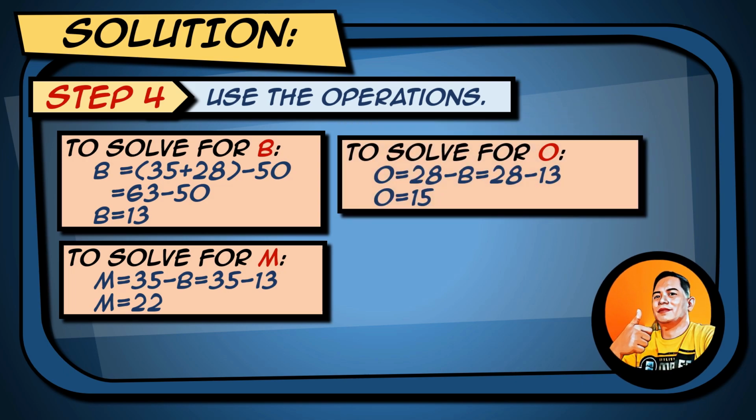And to solve for O, we have O equals 28 minus B, and then B is equal to 13. Therefore, we have 28 minus 13. Then 28 minus 13 equals 15. Therefore, our final answer, O equals 15. Therefore, there are 15 students who prefer online distance learning.